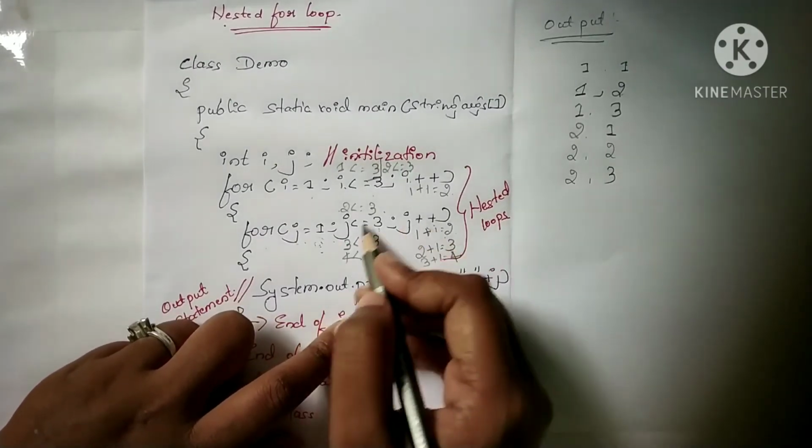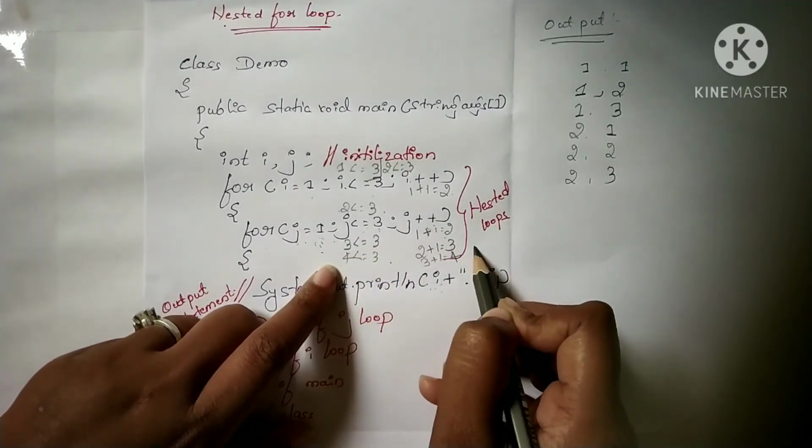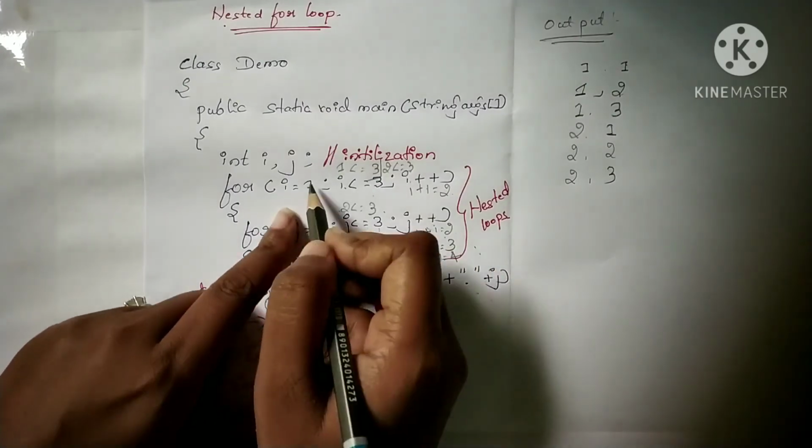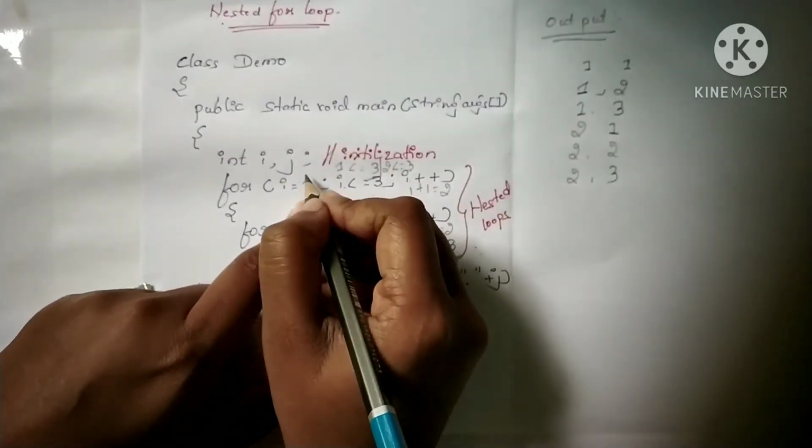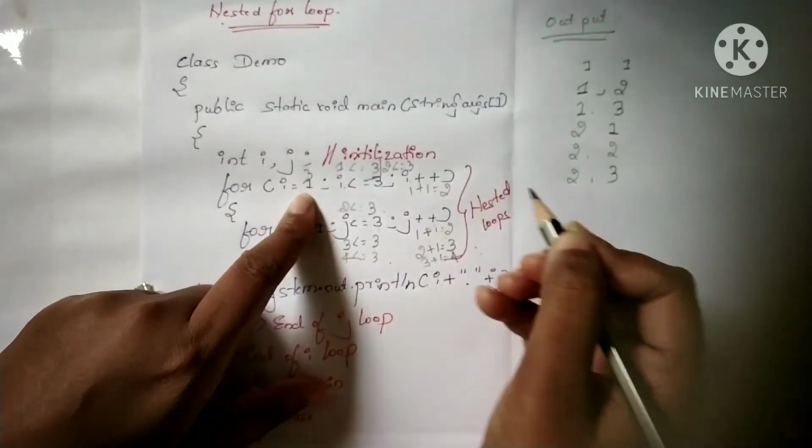Again the inner for loop turns false, then it comes to the i loop, that is i is incremented to 3.